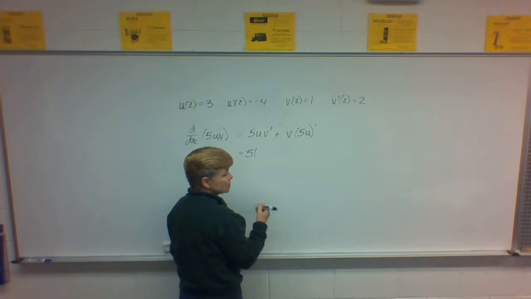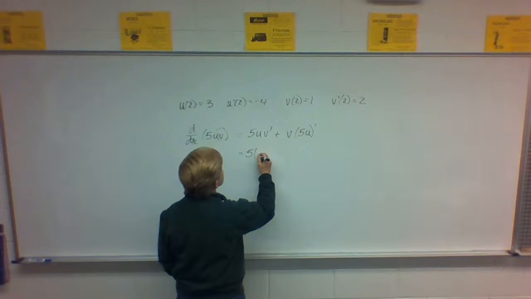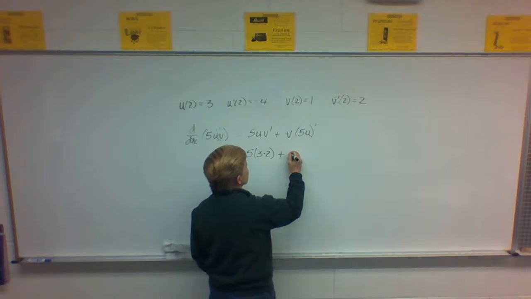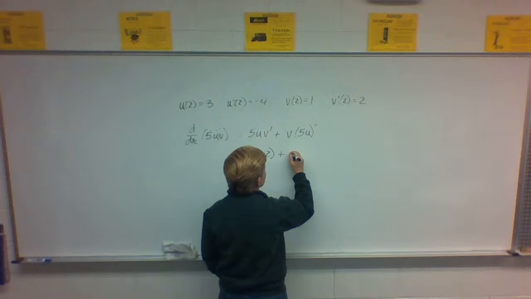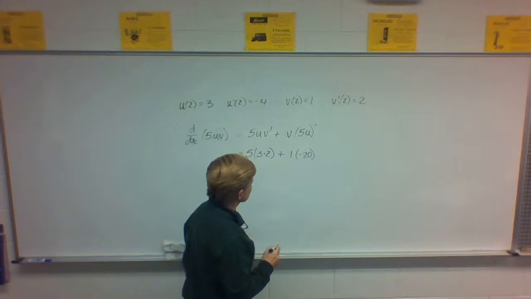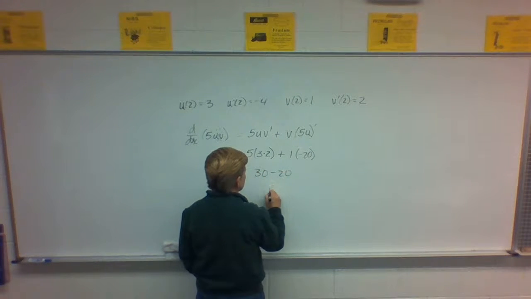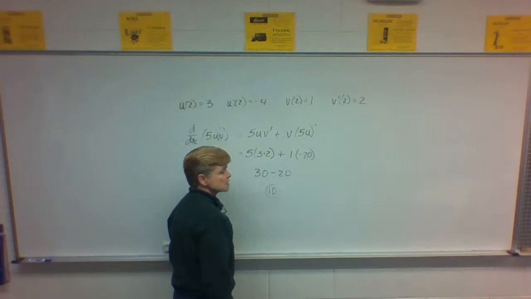I made it up because it's like that on the test. So this would be 3 times 2 plus 1 times... Okay, this will be 30 minus 20. That's what you put in the blank.